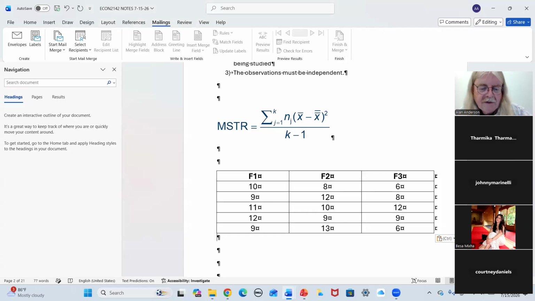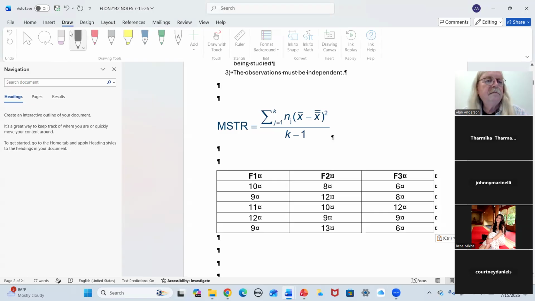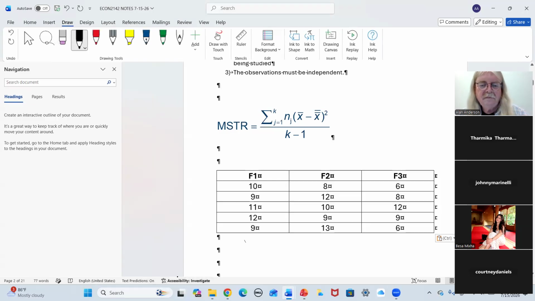What do you have? This is 51 over 5. And we'll call this X1 bar, the mean of the first sample. And that's going to be 10.2.